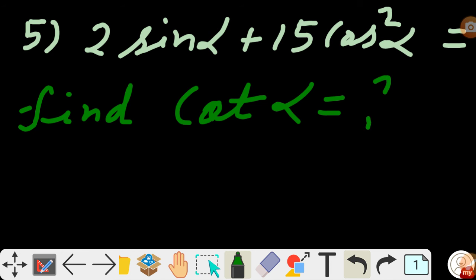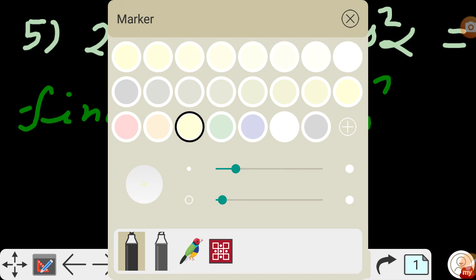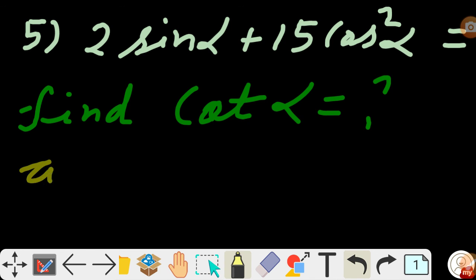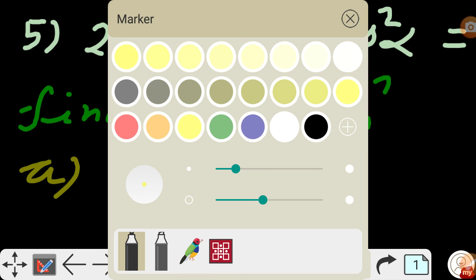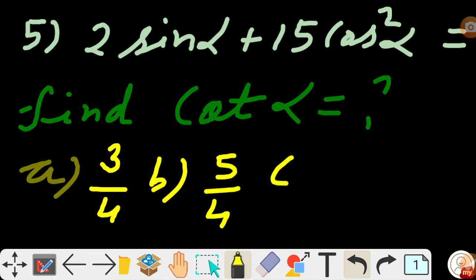The options are given here. Option A is 3 upon 4, B is 5 upon 4, C is 1 upon 2, and D is 1 upon 4.